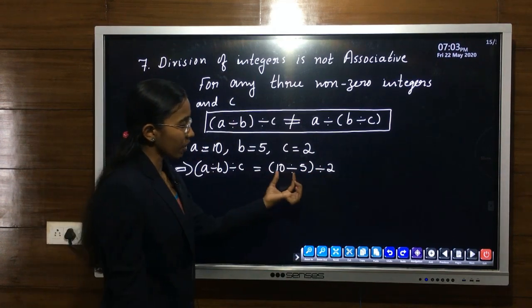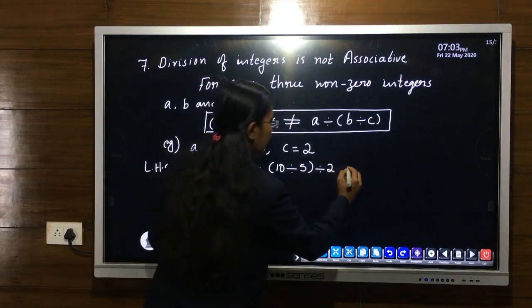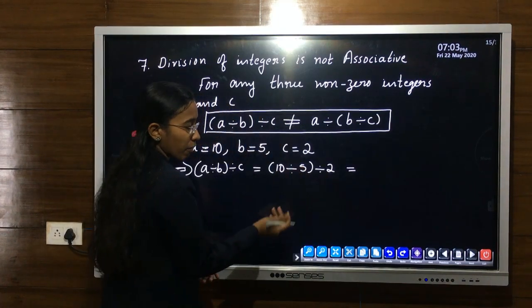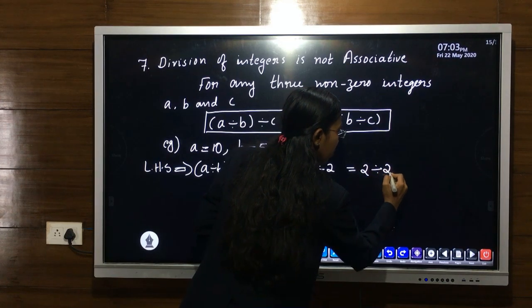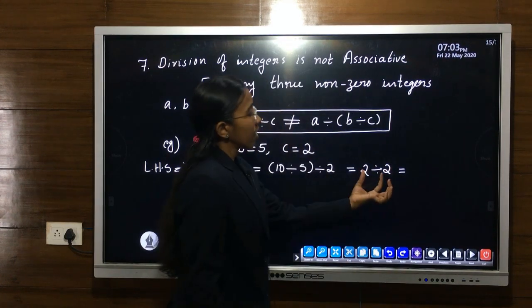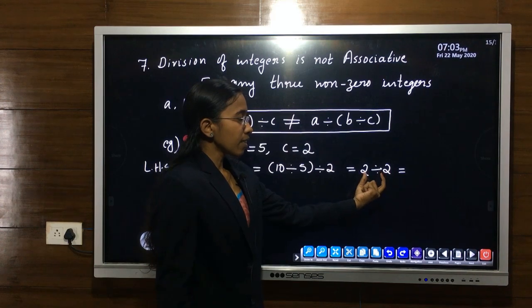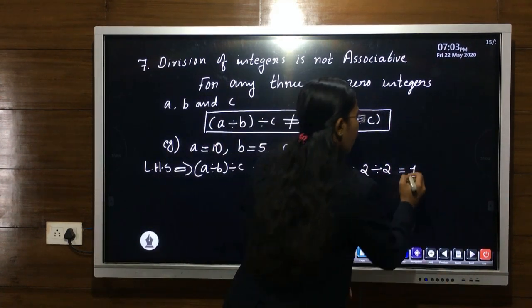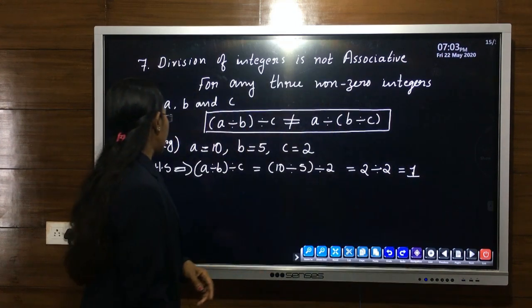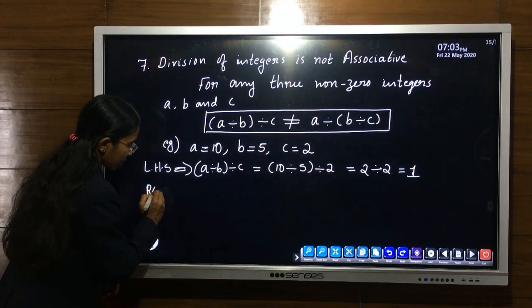First we are doing the operation inside the bracket. What is 10 divided by 5? 10 divided by 5 is 2. 2 divided by 2 equals, this is the division of an integer by itself, so our answer is 1. And next take our RHS.